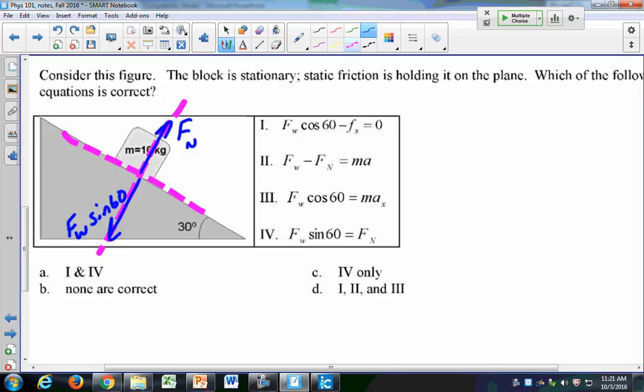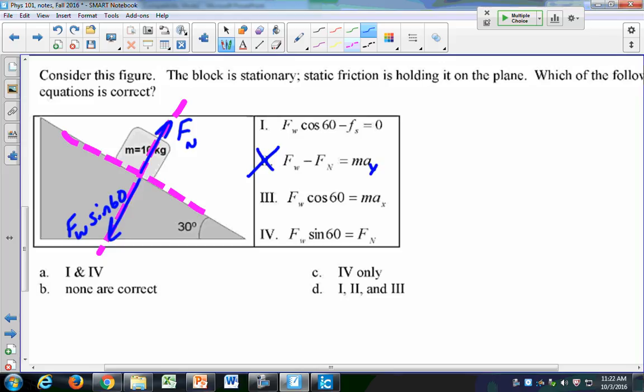So number 2 is wrong because Fn is just not related to Fw in that same way. It's related to the y component of Fw. And then also there's no acceleration, and really for this to be right, you'd have to either put ay or put 0, because the acceleration in the y direction is 0.